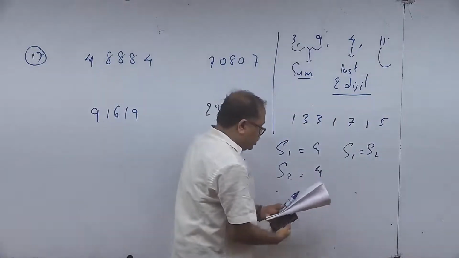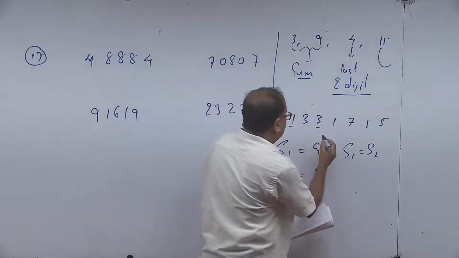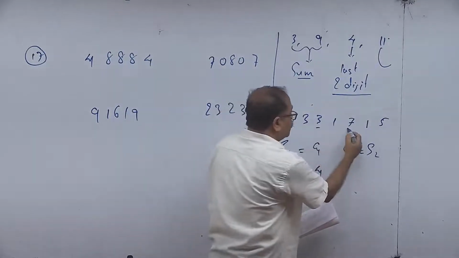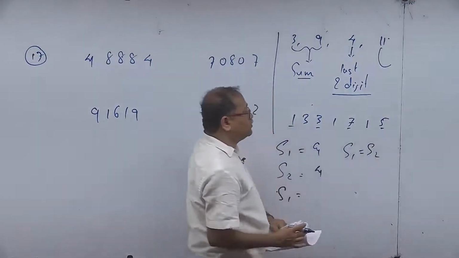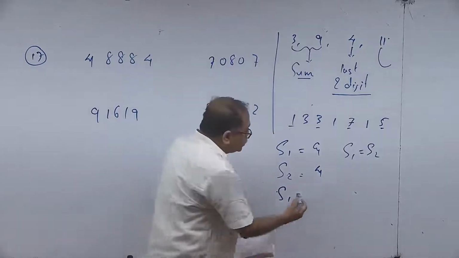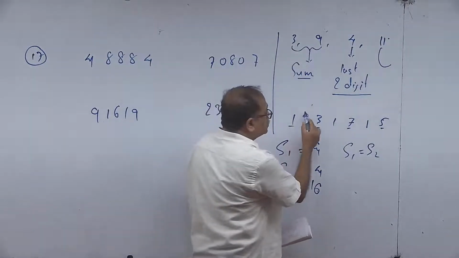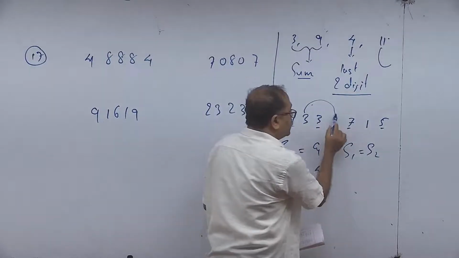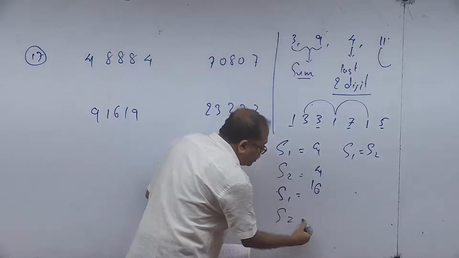S1 will be 1, 3, that's 4, and 4 plus 7 is 11, and 11 plus 5 is 16. So I get S1 as 16. And S2 is 3 plus 2, 4 plus 1, 5. So S2 is 5.